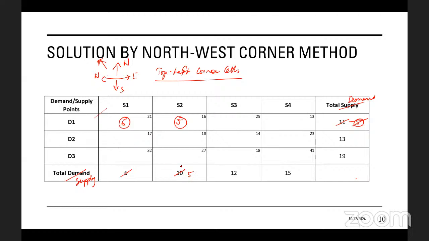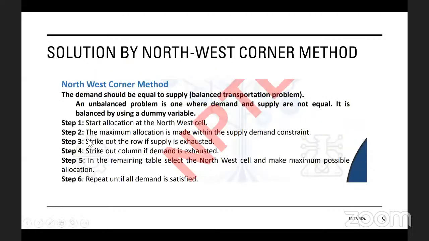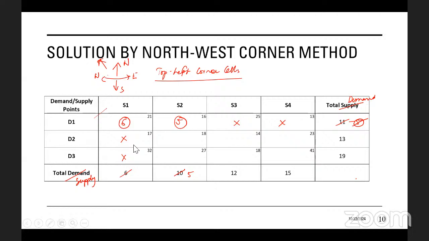As given in step 3 and step 4 of this algorithm, we can strike out those rows and columns where the demand and the supply is being satisfied.